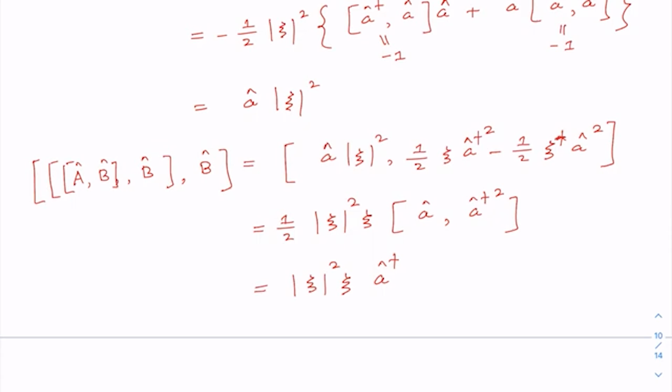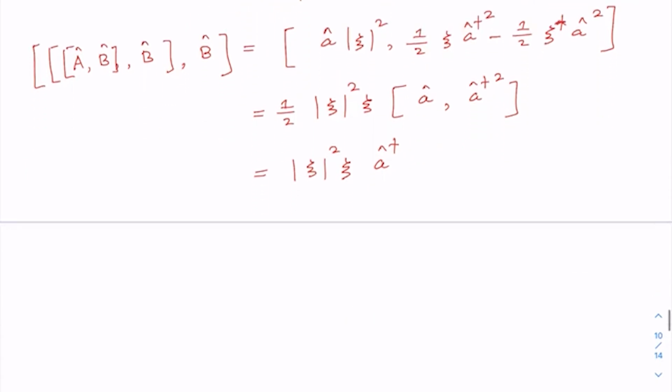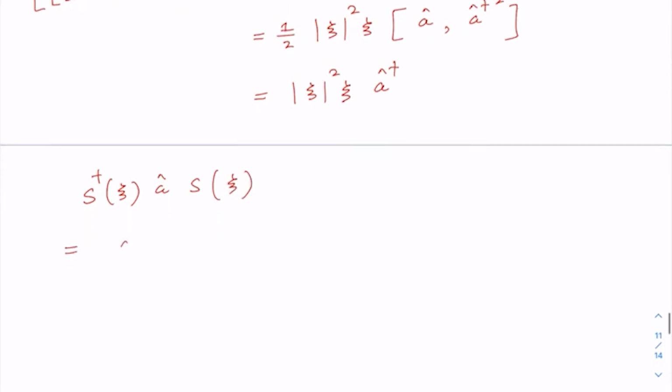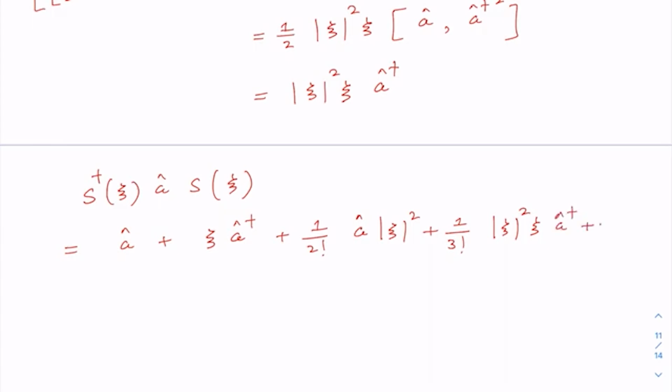Okay, so now let us gather all the terms. S dagger(ξ) a S(ξ). If I gather the terms, first term is a, the second term is ξ a dagger, third term is 1 by 2 factorial a mod ξ square, fourth term would be 1 by 3 factorial mod ξ square ξ a dagger, plus like this.